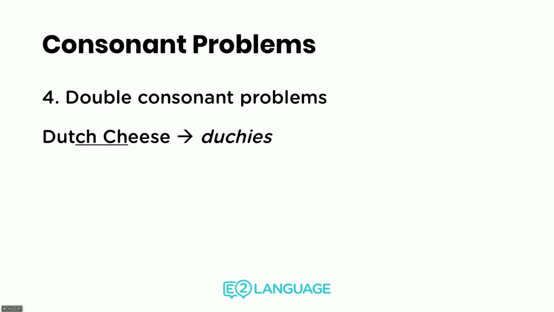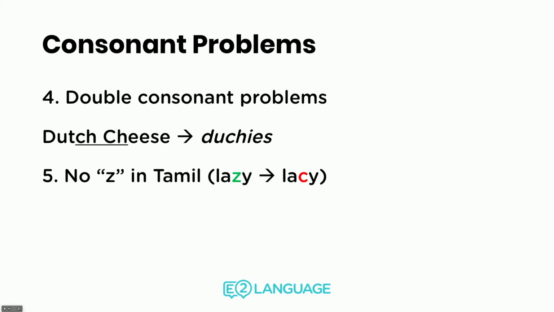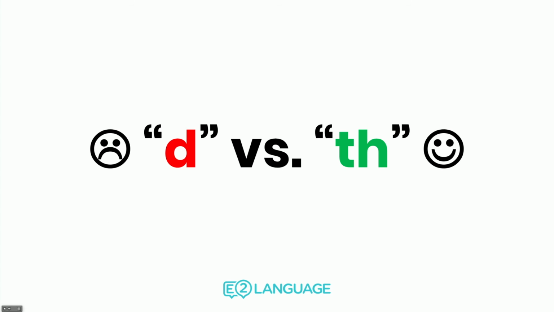So just be conscious that if there are two consonant sounds together, you do need to say them both in English. Also, number 5, there is no z sound in Tamil, so lazy becomes lacy. And there's no f sound in Tamil, so full can become pull, for example. Let's do some practice now.